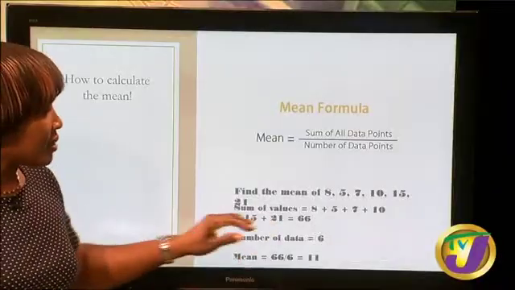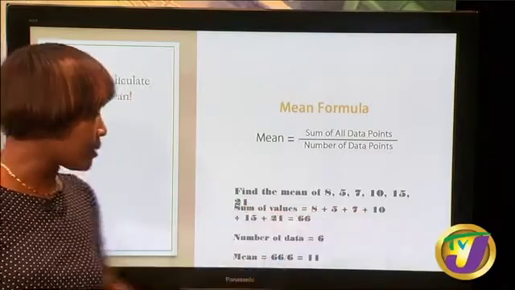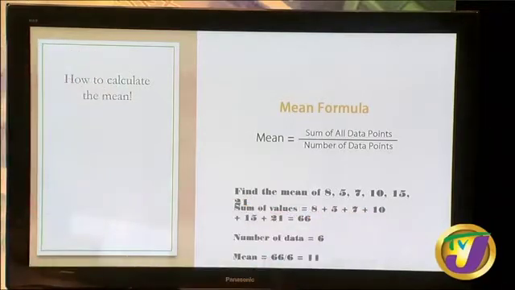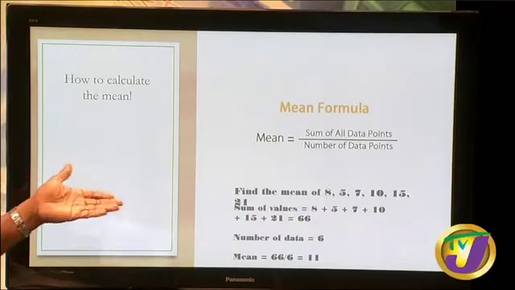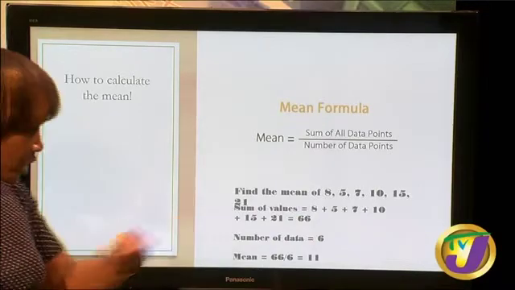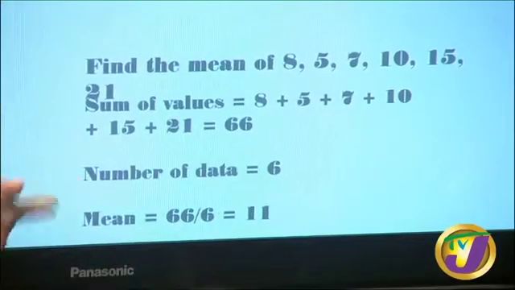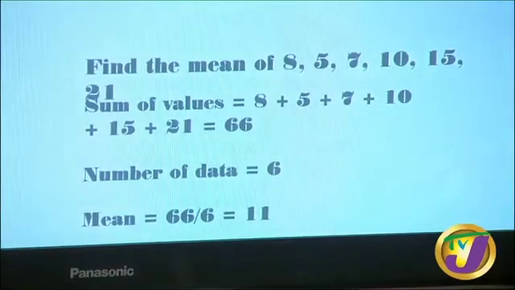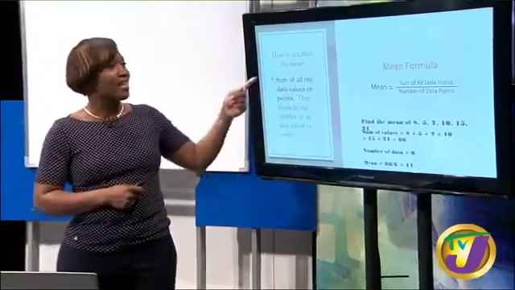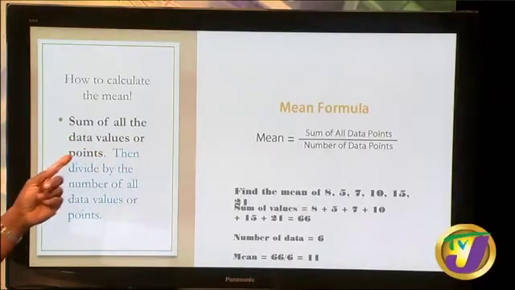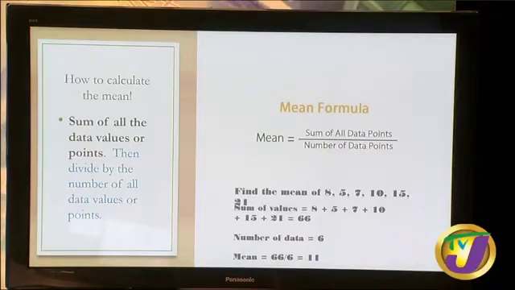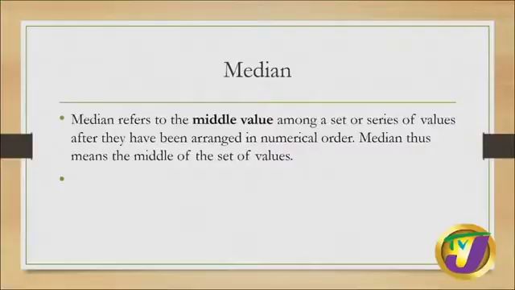What we do is sum all 6 data, and in this set of data, the sum is 66, and the number of data is 6. To find the mean, we would divide 66 by 6, which would give us 11. So let's just say that again. Sum of all the data values or points, then divide by the number of all data values or points. It's pretty simple. I know you've got this.